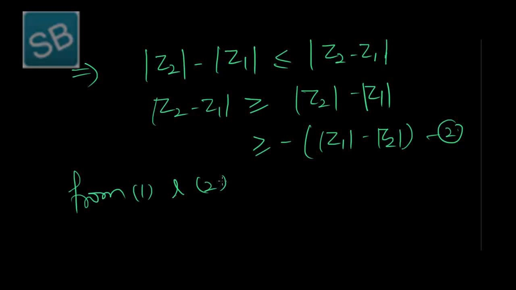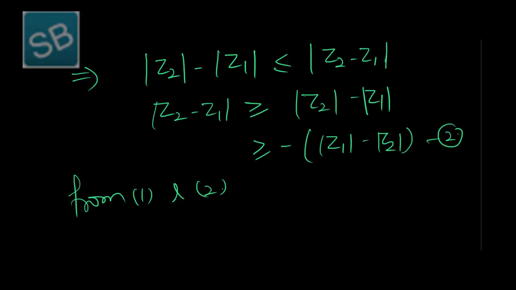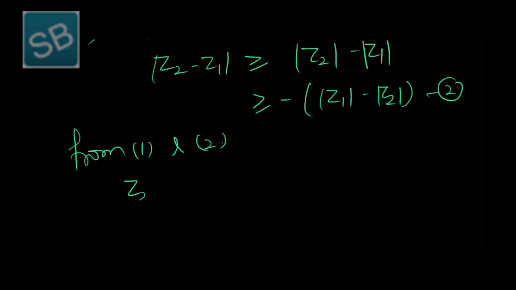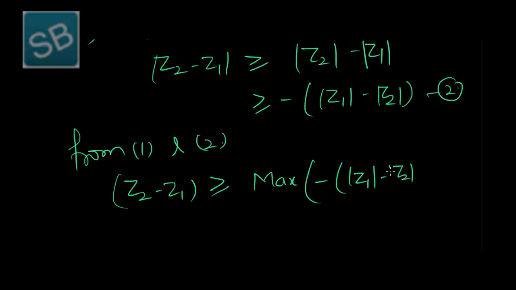So from 1 and 2, we get |Z2 − Z1| is greater than or equal to the maximum of −(|Z1| − |Z2|) and (|Z1| − |Z2|).